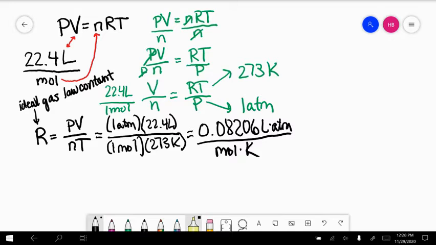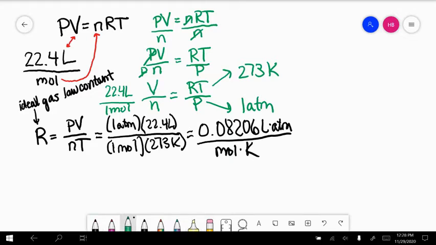So let's go back up to our 22.4 liters. At standard temperature and pressure, at STP, 1 mole of gas will have a volume of 22.4 liters. We're almost never at 22.4 liters, so I'm super hesitant to even bring up this variable.